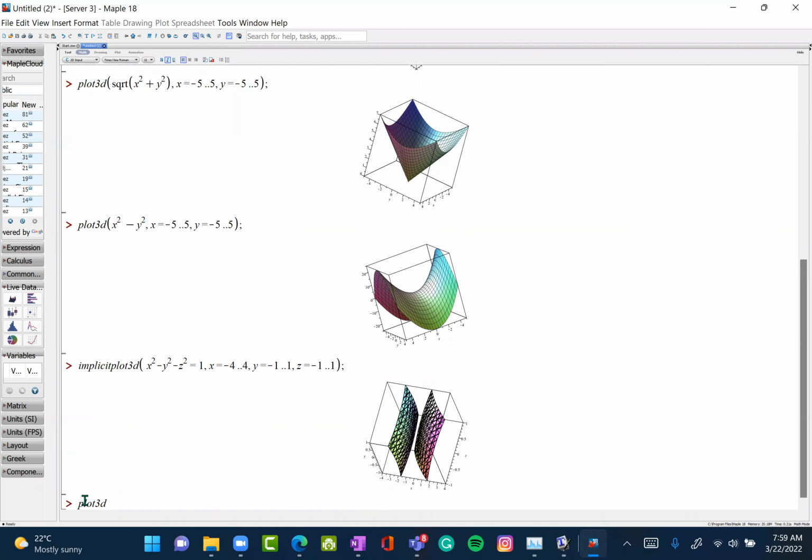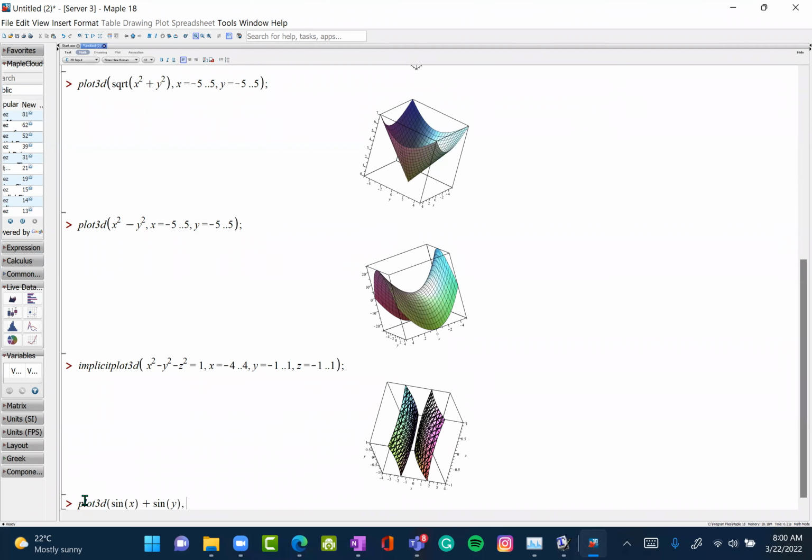Say, in 3D, this is z equals sine x plus sine y.